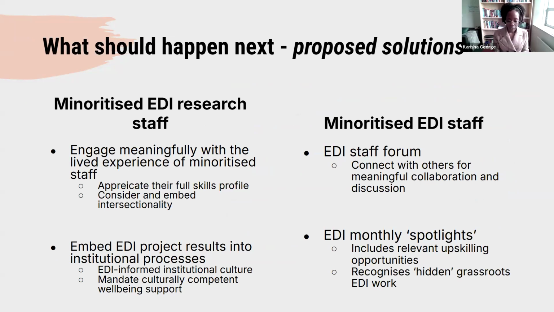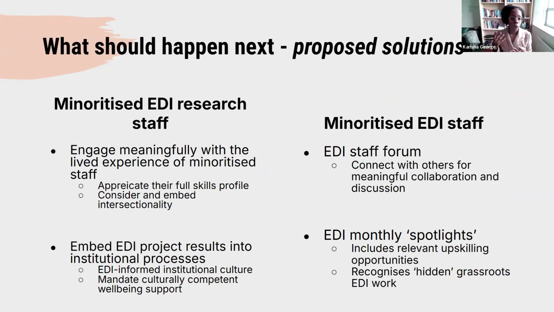So what we're trying to do next, because I know the project highlighted a lot of problems, is make efforts to make some change. What we're proposing is that PIs have to engage meaningfully with the lived experience of minoritized research staff, appreciate their full skills profile, and consider and embed intersectionality so there's not this cloaking and code-switching pressure.